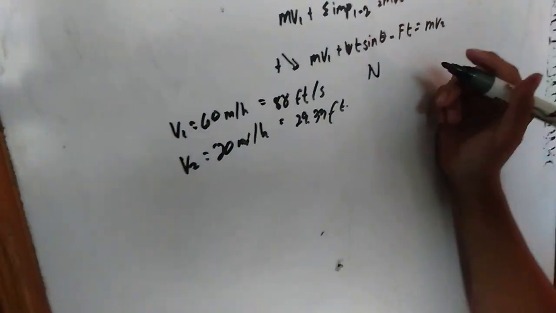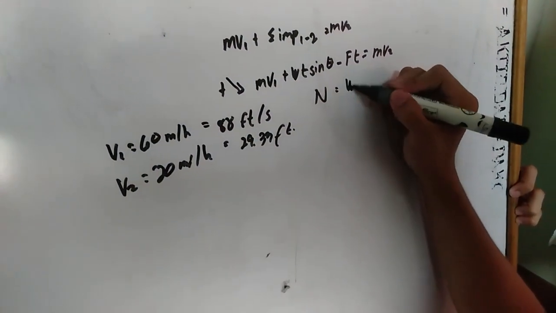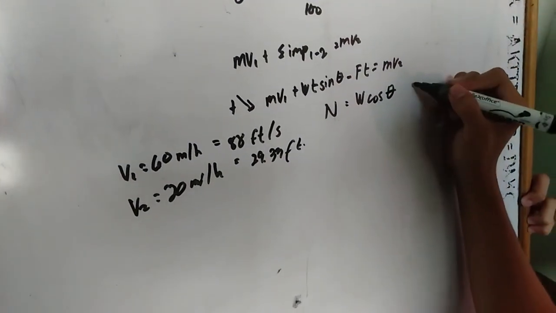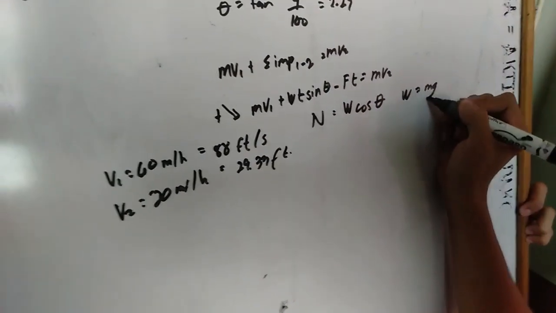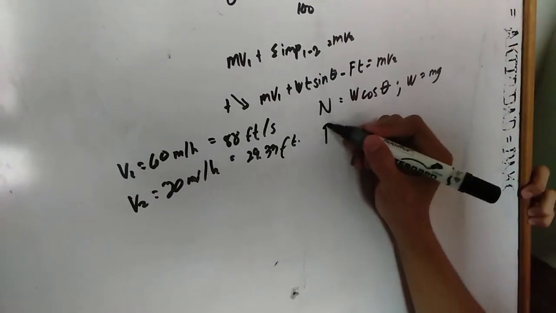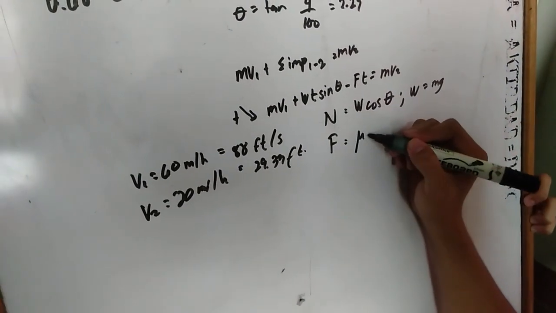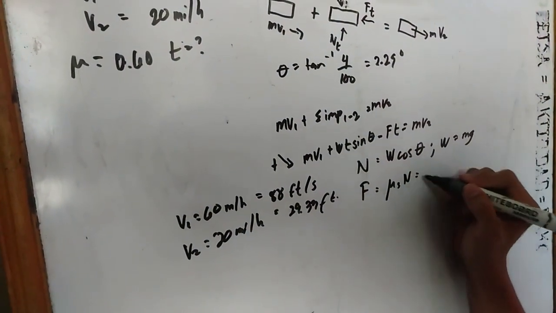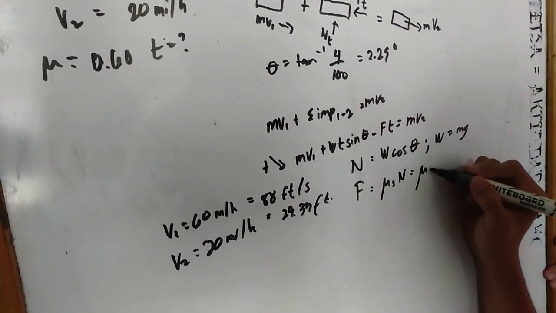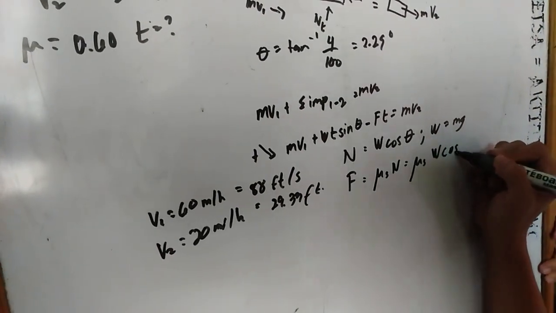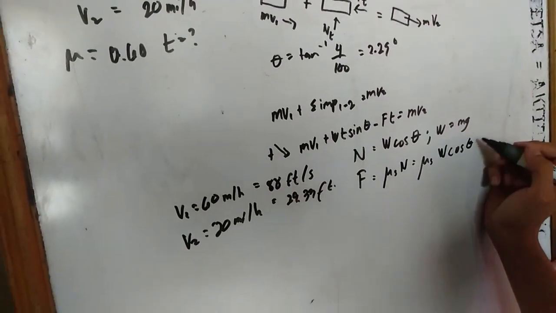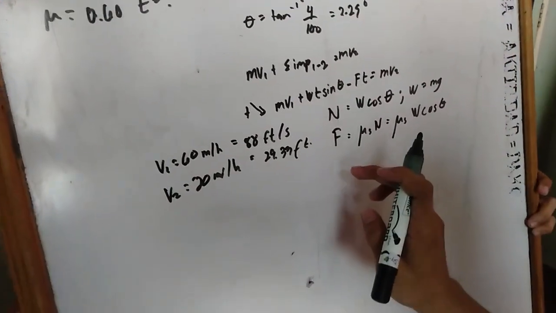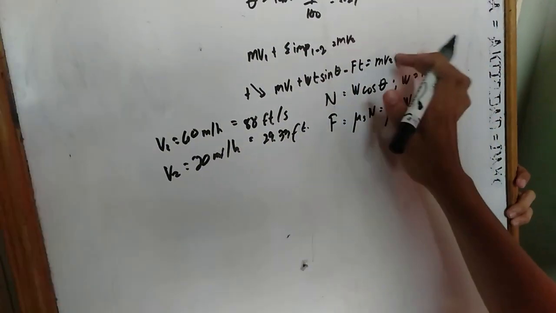Yung N natin is equals to W weight cosine theta. Weight is equals to mg, and F, yung force natin is mu times Newton is equals to mu times W cos theta. So with all that, ilagay natin ito lahat dito.